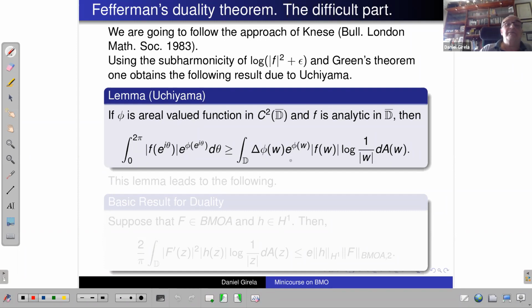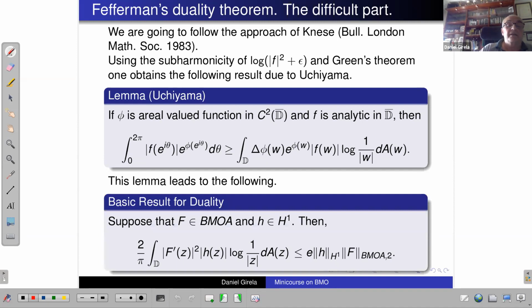And using this lemma, this is the basic result to obtain what I'm going to call the basic result for duality. The basic result for duality is this. If we have a function f in BMOA and a function h in H1, then we can obtain the integral over the disk of the mod of f prime squared times the absolute value of h times the log of 1 over mod z.